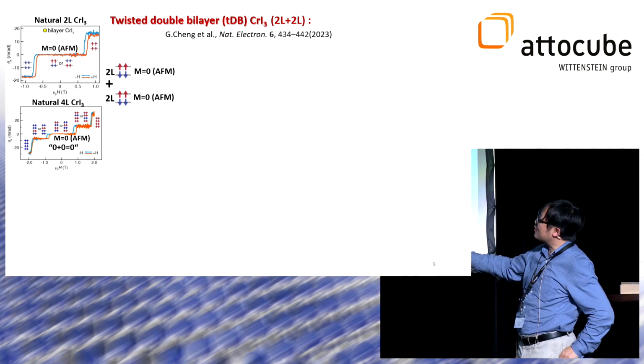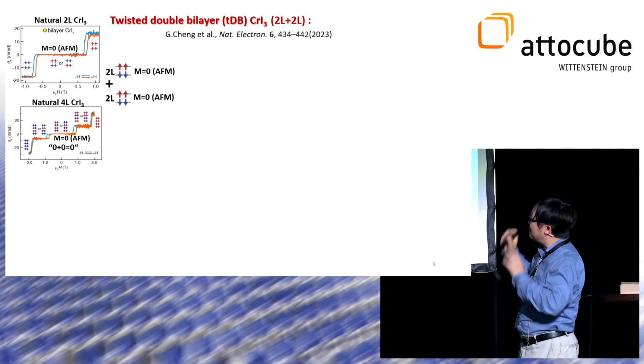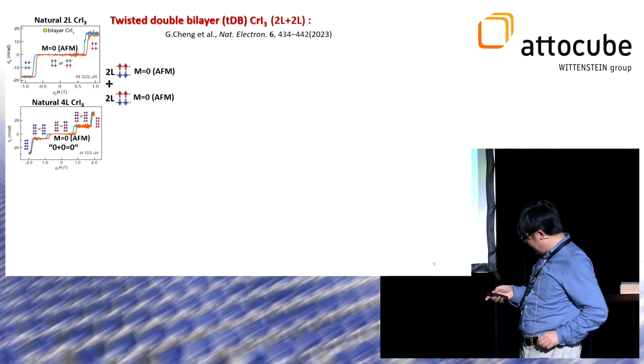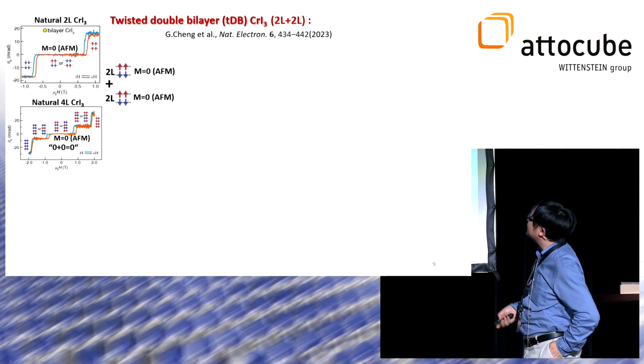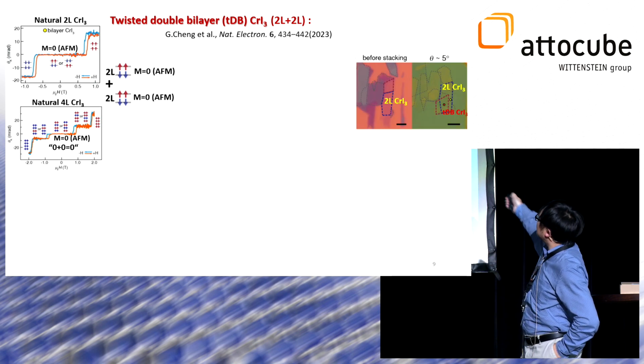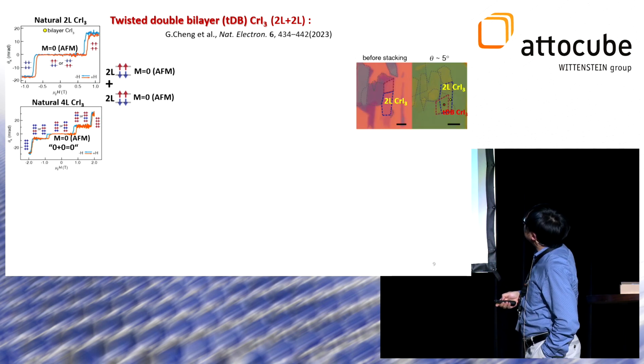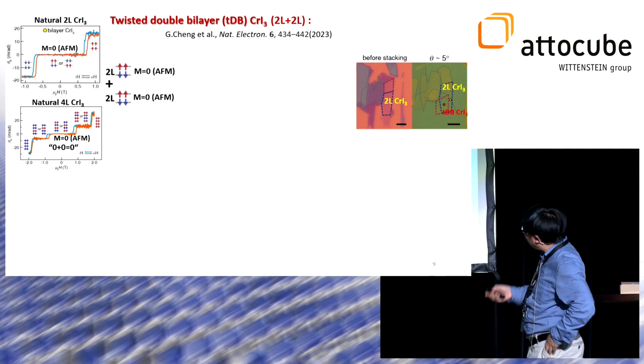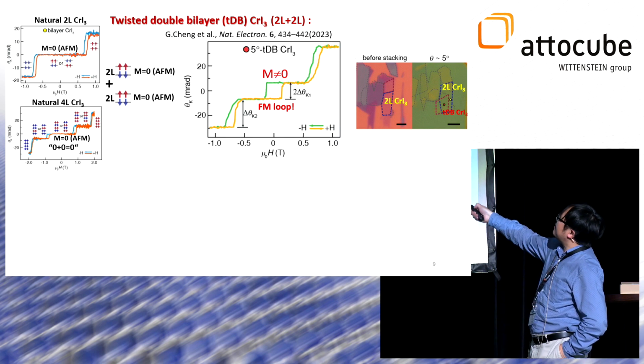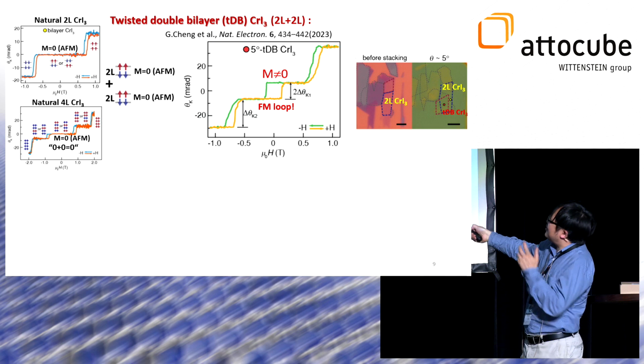We've seen simple equations like 1 plus 1 quite a few times in this conference; here we do 0 plus 0, even simpler. This is all in a stack of twisted double bilayer chromium iodide. The main finding is, of course, that 0 plus 0 is not 0 in this case.